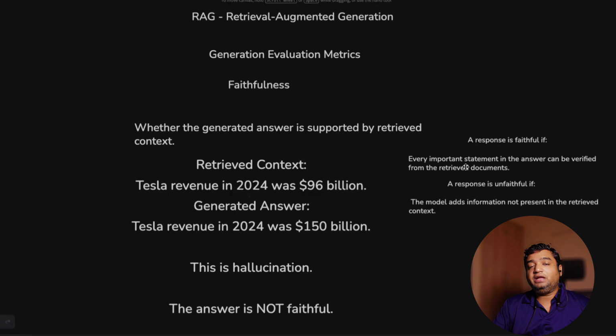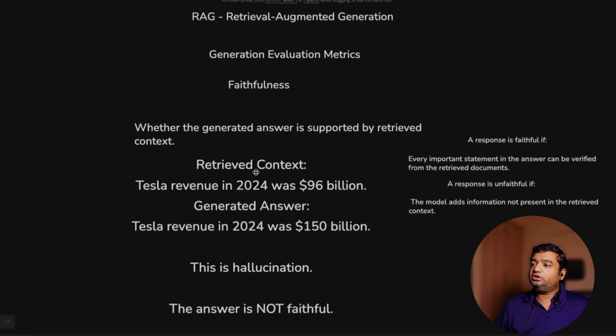If your LLM is giving out a response or output that is a subset of the information retrieved from the vector database, that means your RAG system is faithful. If the LLM is adding information, incorrect or even correct, that is outside the retrieved information from the vector database, that means your system is not faithful.